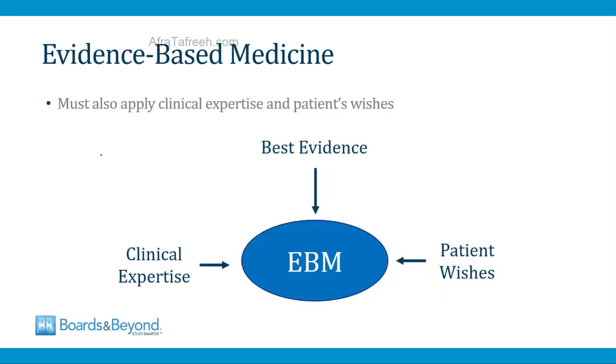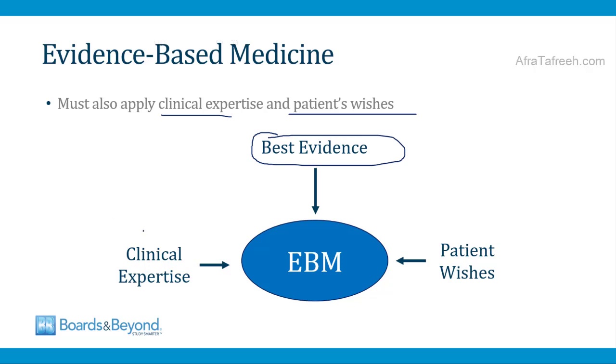And then the last thing to know about evidence-based medicine is that you also have to take into account your own clinical expertise and the patient's wishes. So when I'm taking care of patients with heart conditions, I need to know what the best evidence is in the literature. But then I also have to factor in my own clinical expertise and things that I have learned over the years about whether or not a certain intervention or a certain diagnostic test will apply to a particular patient.